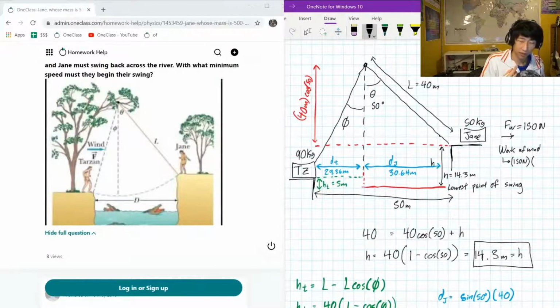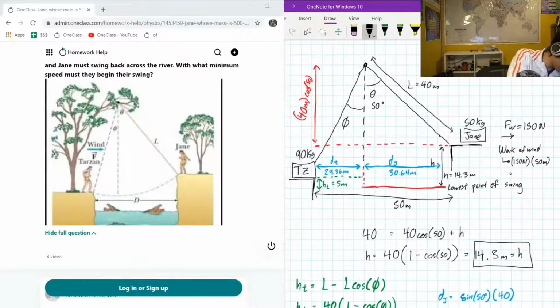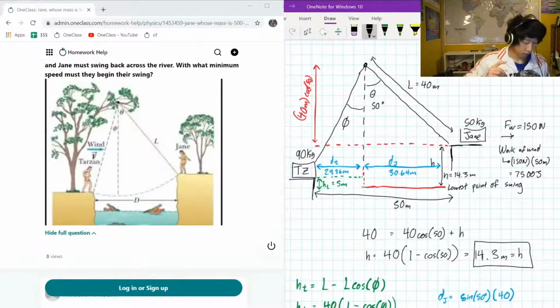So it's going to be for 50 meters. So 150 times 50 meters is equal to 7,500 newton-joules of work. Okay, so that's the work of wind.